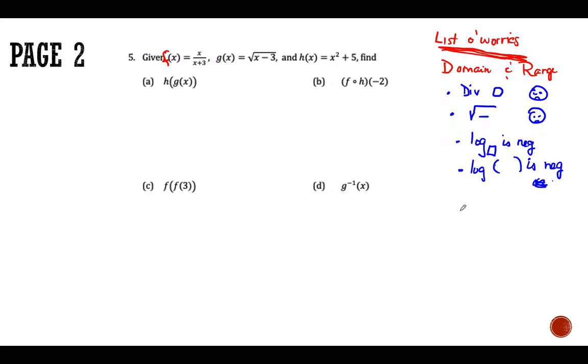Those are also worries. And then of course you have trig worries. And your trig worries are tangent, secant, cosecant, and cotangent. All of these things that make me sad involve when I've got numbers I'm not allowed to plug in.